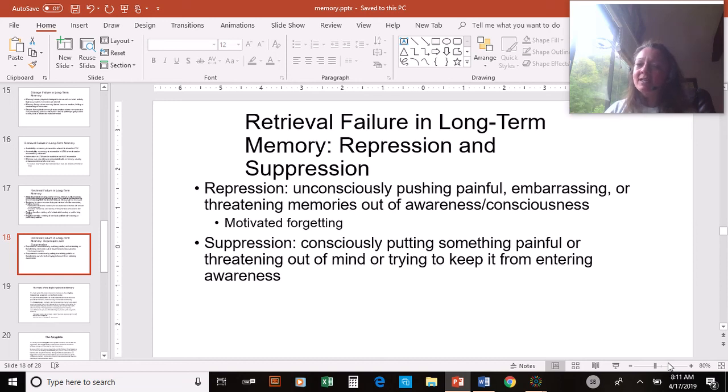Once again, it's meaningful, because we're motivated to forget, since it's painful, embarrassing, or just not serving our journey of self-actualization. So we forget it, and we want to forget it. And then suppression is where you're trying to keep it out of your conscious mind.